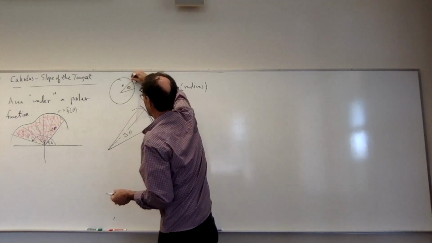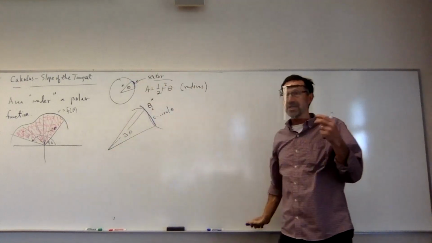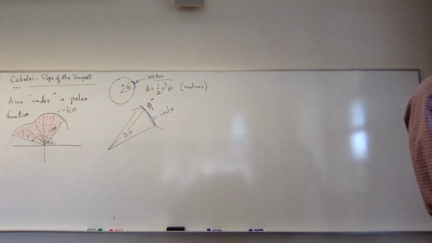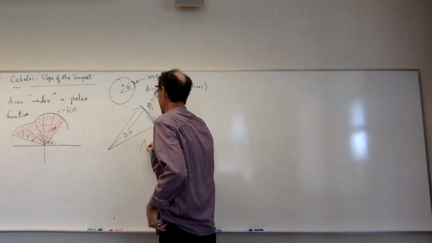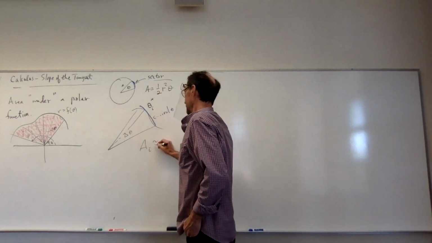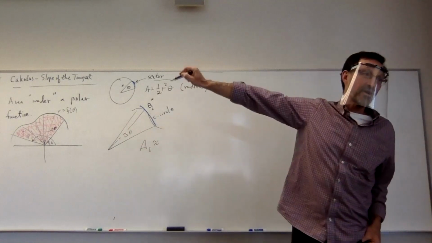It's this piece right here. So I use theta i star to get me the radius, and then I use that for the whole thing. And it's going to be an approximation. So the area on the ith subinterval is approximately equal to the area of that arc of the circle.